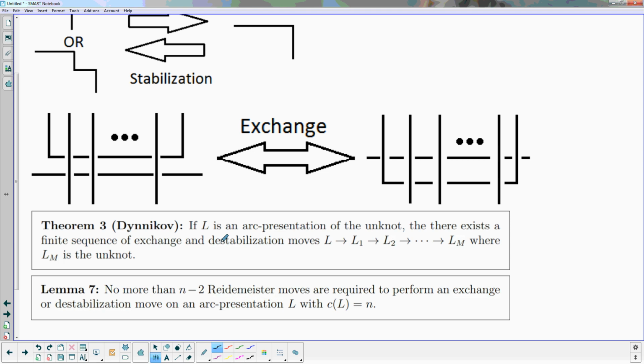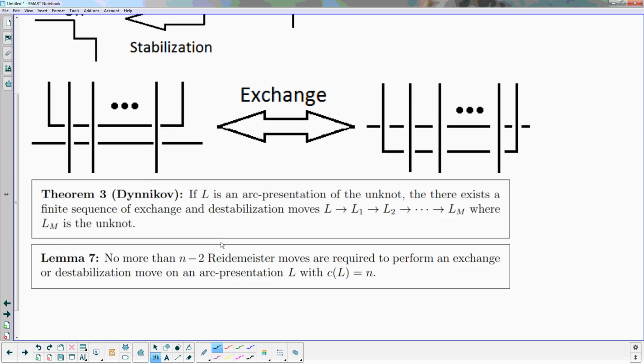And that's the same idea from the previous page. The big lemma that is shown in this article that is important is that it takes no more than n-2 Reidemeister moves to perform an exchange or destabilization.